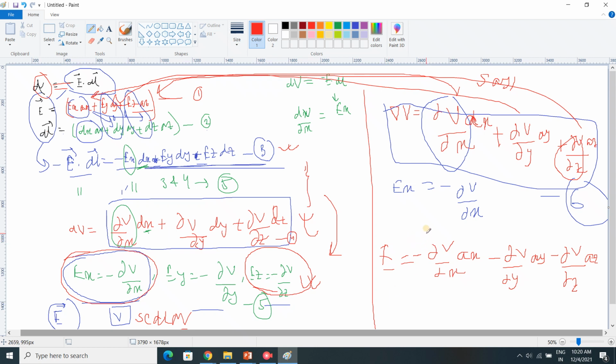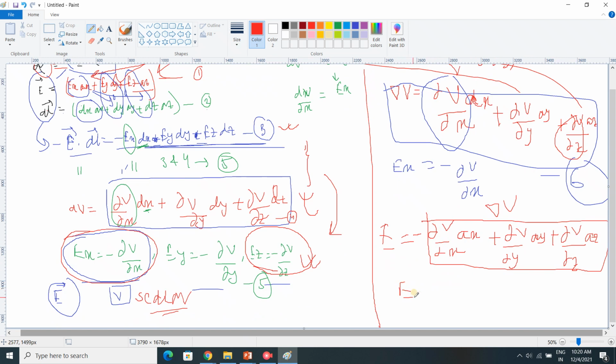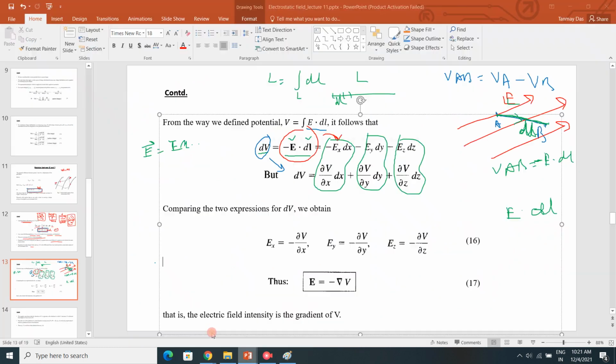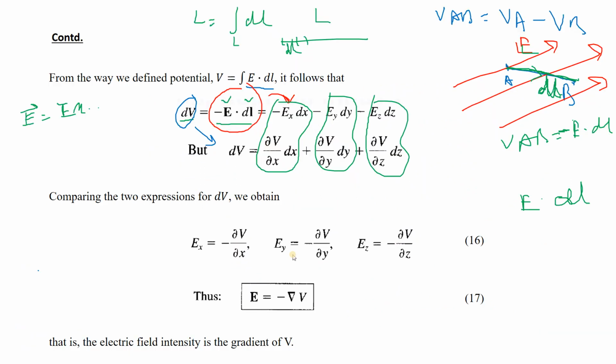If I write this, and take the minus common, then this part is nothing but del of V. So this is nothing but minus del of V. That means E, the electric field intensity, is nothing but the negative of the gradient of V. That is why we have written it in this way.